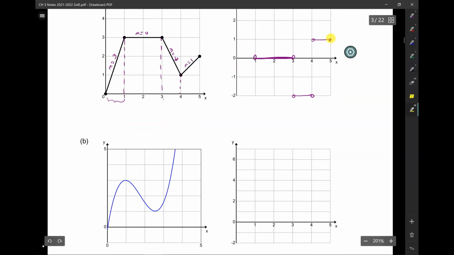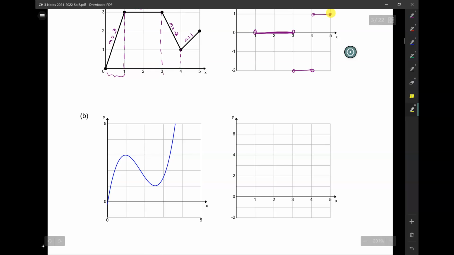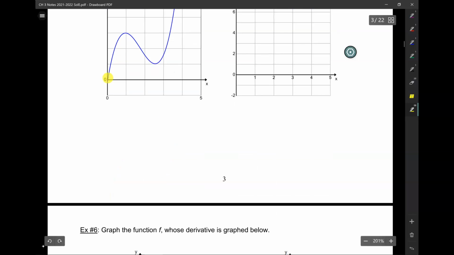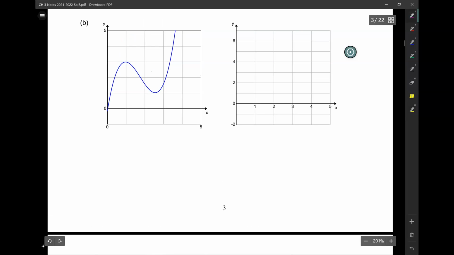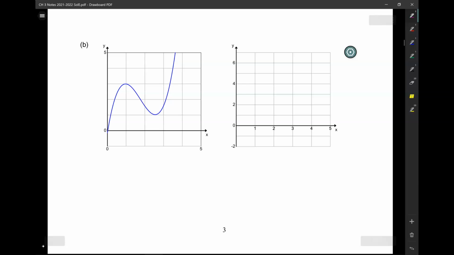Okay. So this is a function where the segments are linear, so they have constant slope. This is where wherever you are on the graph, you have a different slope, right? Look at this. As you move along here, the slope is changing at every point. So this is going to be a little bit of a different situation. Here's what we're going to do.